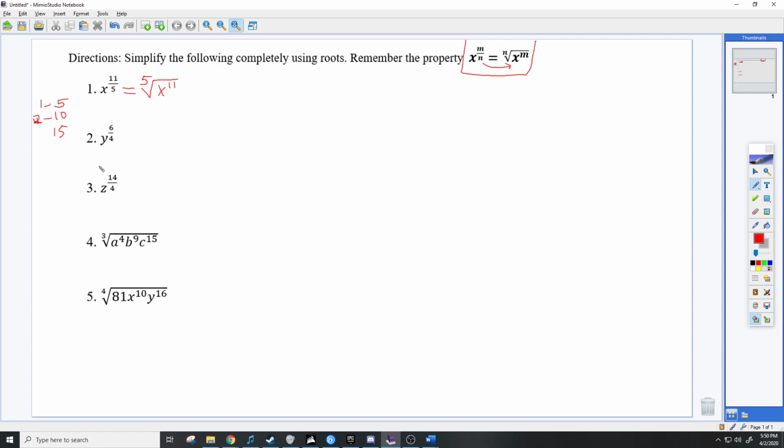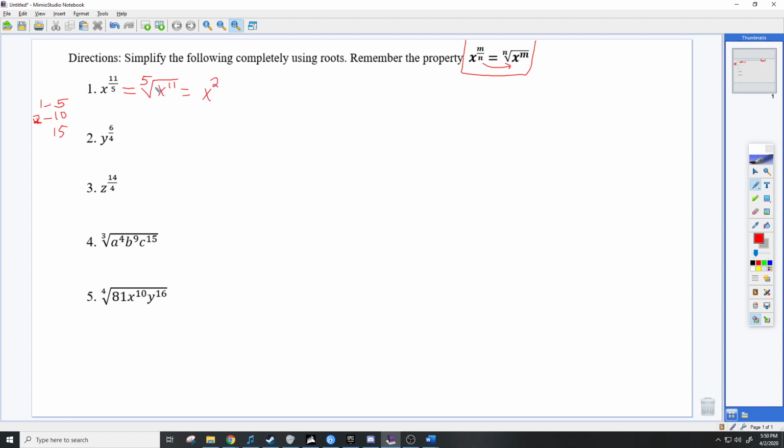You can't go up to 3 because 11 sits in between 10 and 15. So if there are 2 sets of 5 that go into x to the 11th, that means we can bring out 2 x's. Not 2x, but as a power, it's x squared.